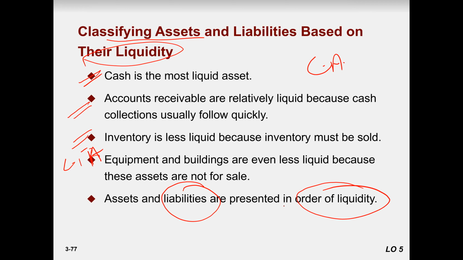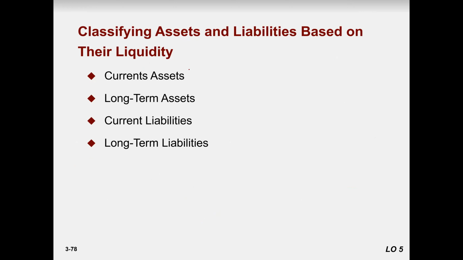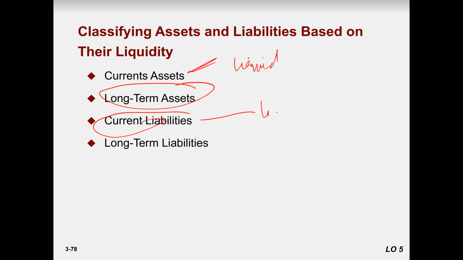This we already have discussed, so I'm just going to go through a little bit fast here. Current assets are liquid assets, so must be written before the long-term assets. Similarly, current liabilities are liquid liabilities, must be written before long-term liability. And under the current assets, what is the most liquid asset?